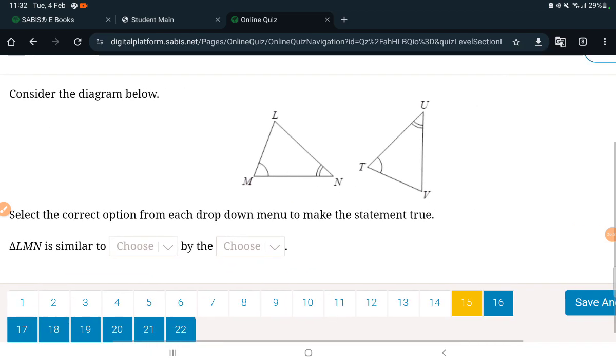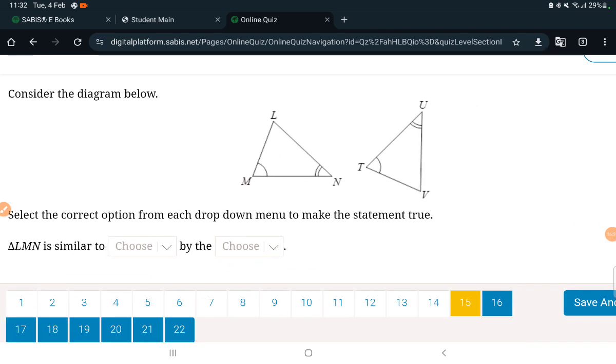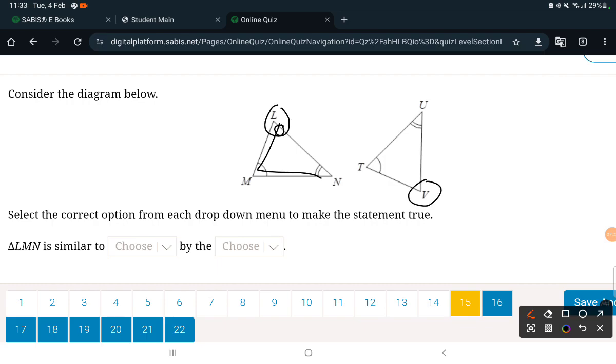Okay, LMN, they already drew out the figure, so this will be easy. Triangle LMN is similar to box by the box. Here there is no angle drawn in angle M. There's no angle drawn, so we start off with V, since there's also no angle drawn over here.